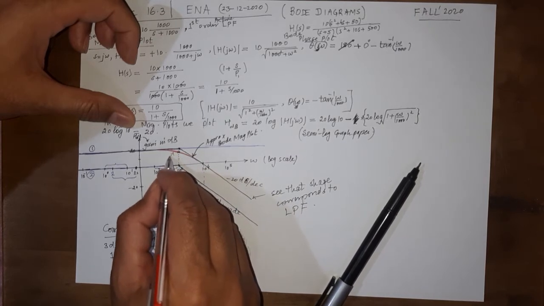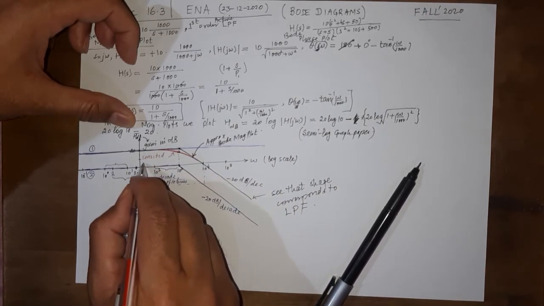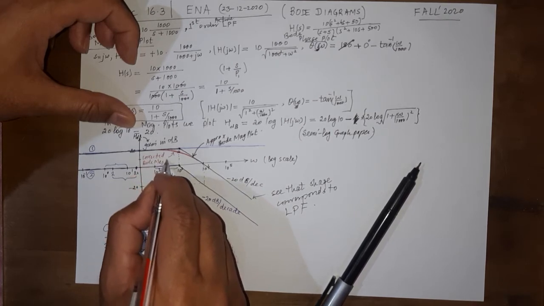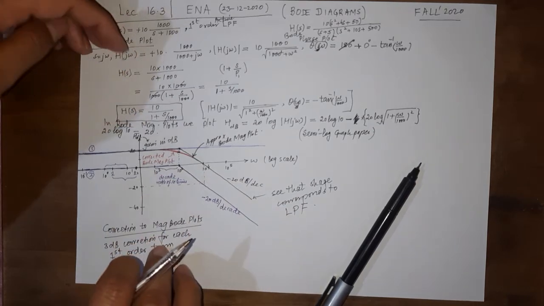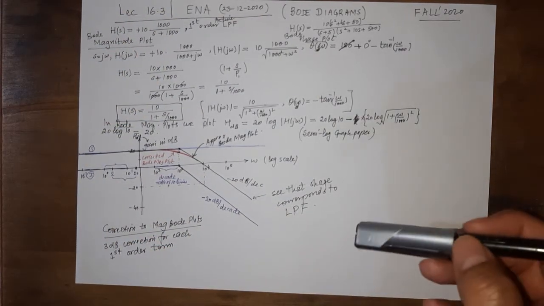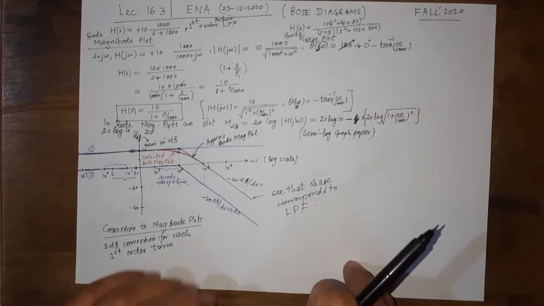Now this is known as the corrected Bode magnitude plot. So this makes the Bode magnitude plot for a first order low pass filter.